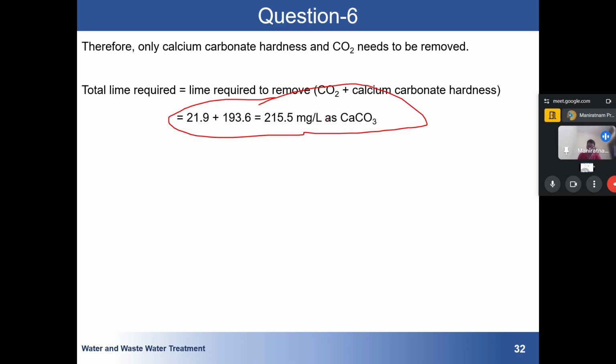So remember one more thing. I have written directly, if you have gone through this water softening process. Remember, 1 mole of this.